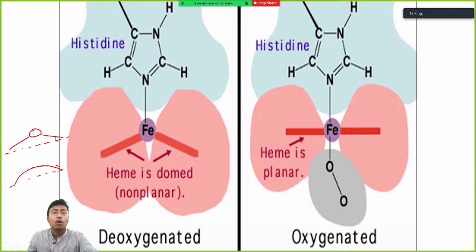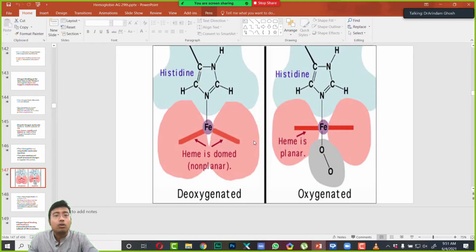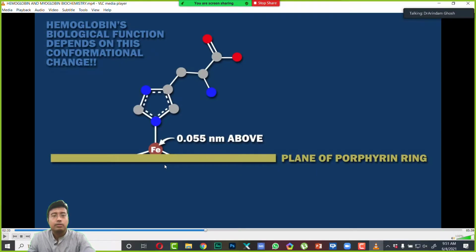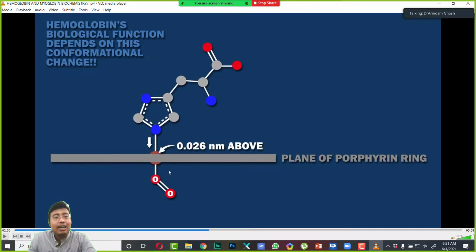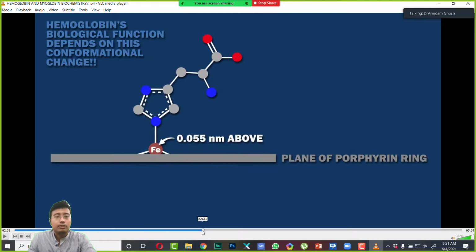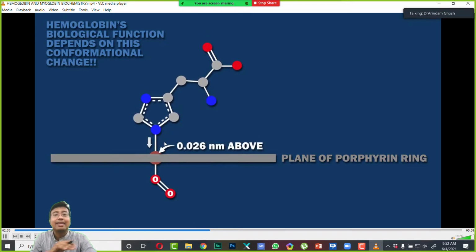Okay. Now, what happens when an oxygen molecule comes? When an oxygen molecule comes, it drags the iron down. You see what's happening. Iron was originally above the plane of the porphyrin ring. If you look at the 3D structure, it's just like that. Iron is above the plane of porphyrin. Oxygen comes and it drags the iron into the same plane as the porphyrin ring.